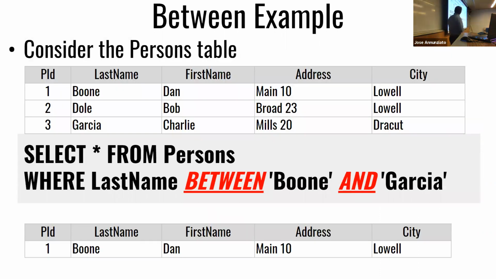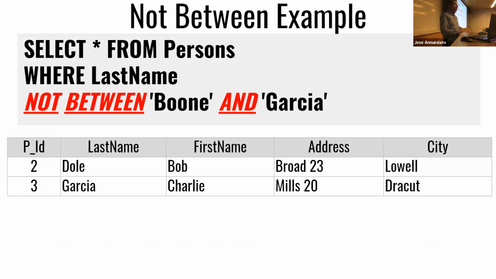So, for instance, the last name between this string and that string. It will fetch a record whose last name is lexicographically in between these two strings. You can use strings or numbers, or you can use the NOT operator to do the inverse, so NOT BETWEEN.